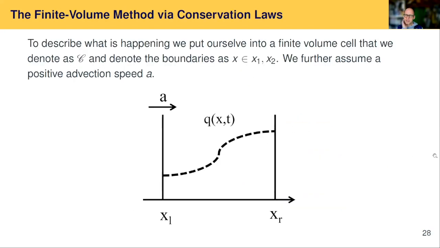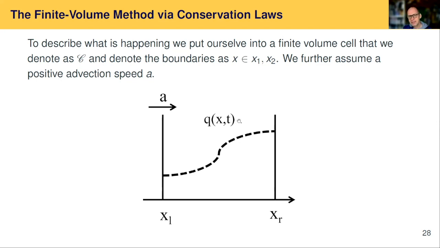Okay, now bear with me for a few minutes carefully. This is a very interesting derivation. Let's say we have this volume between XL and XR, the left and right boundaries, and A is a flux. A can also be, let's say, a wave velocity going in one direction.